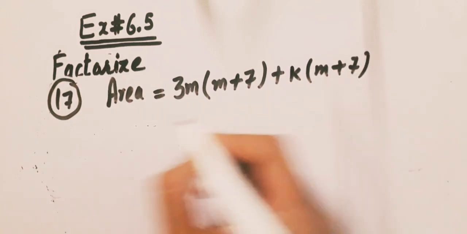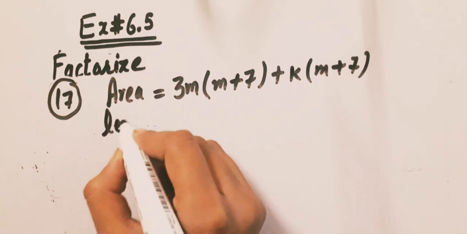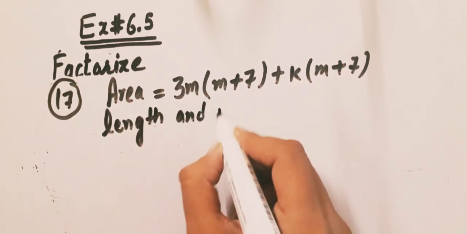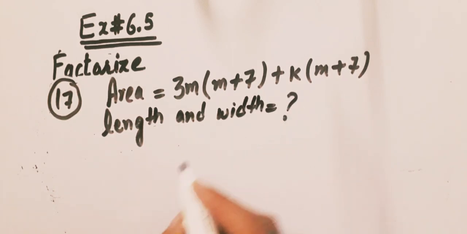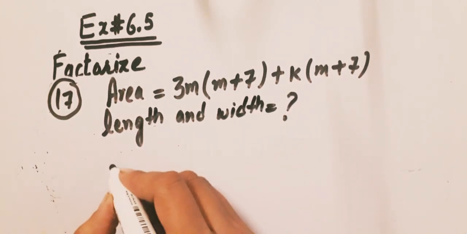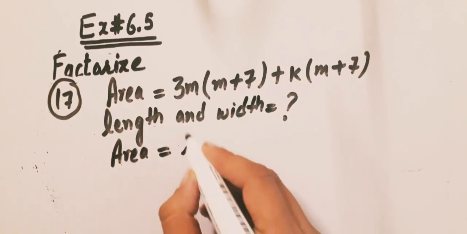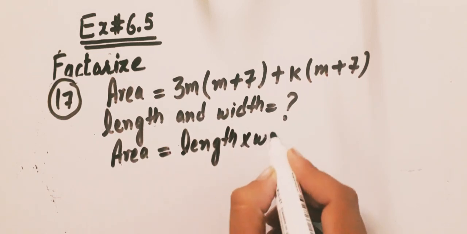You have to find the length and width. So area of rectangle is equal to length multiplied by width.